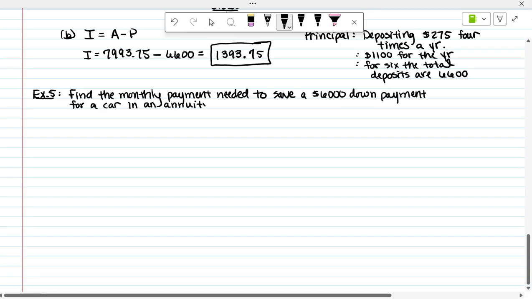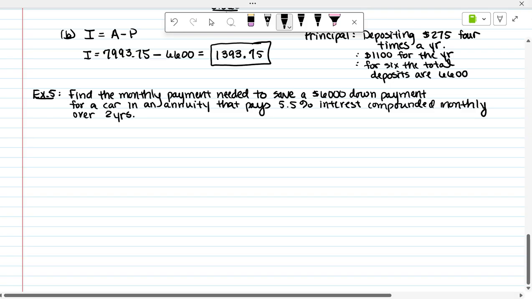So at least they told us what we're working with. That pays 5.5% interest compounded monthly over 2 years.